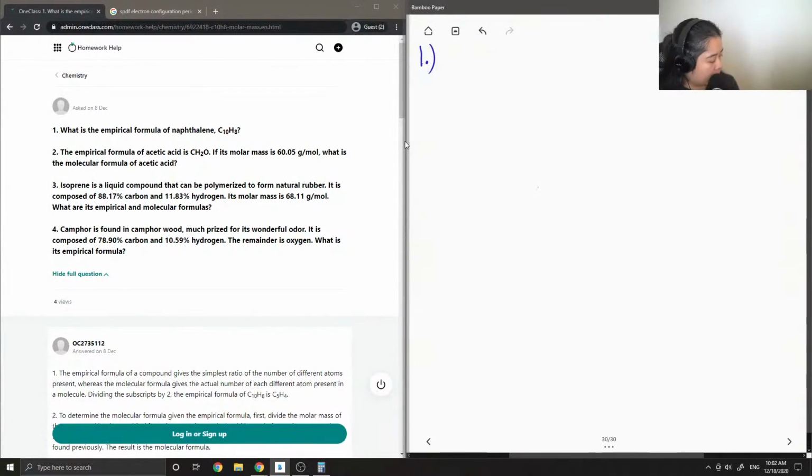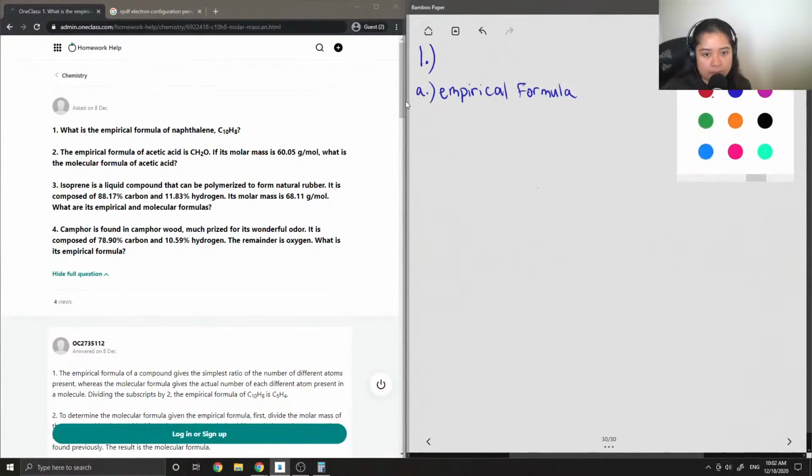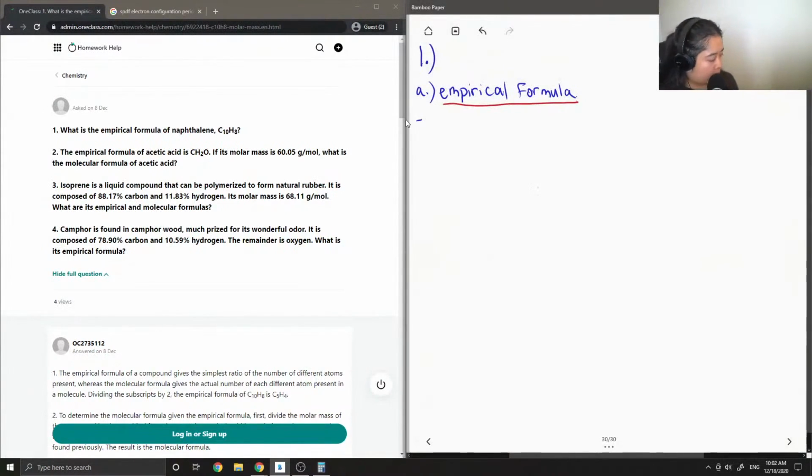So part A is pretty easy. What is the empirical formula of naphthalene? Let's write down the definition of empirical formula in case you didn't know what it meant. Empirical formula is basically just the simplest ratio of atoms.